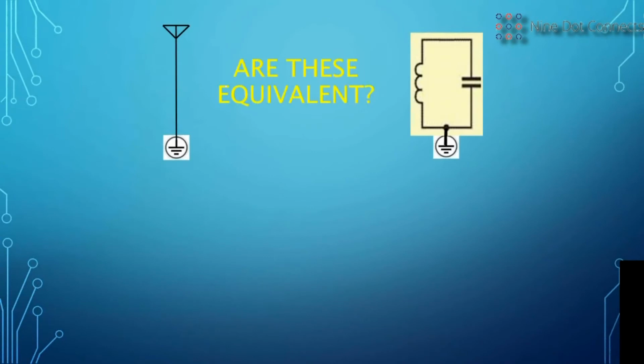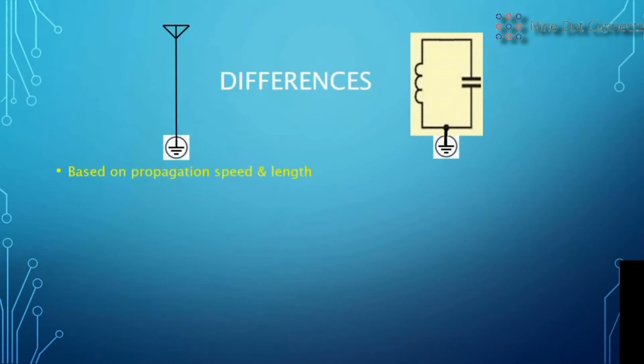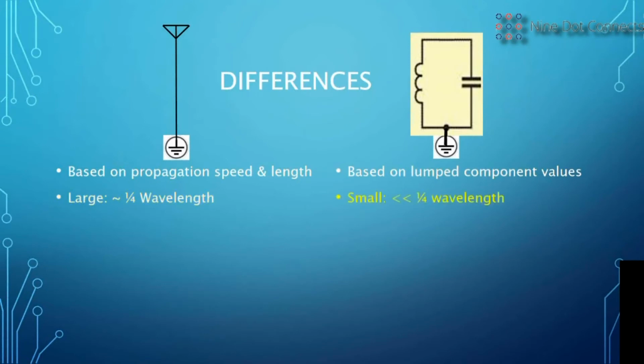Are they equivalent? Let's look at it. Antennas are based on propagation speed and length, whereas LC resonators are based on lumped component values. Antennas are very large, about a quarter wavelength. Tank circuits are small, much less than a quarter wavelength in size.